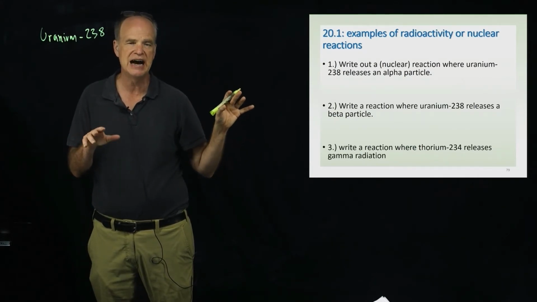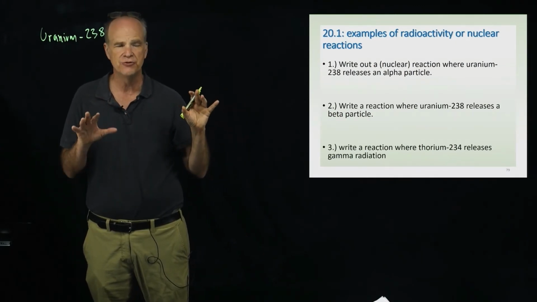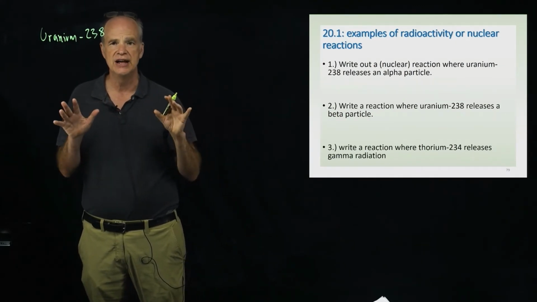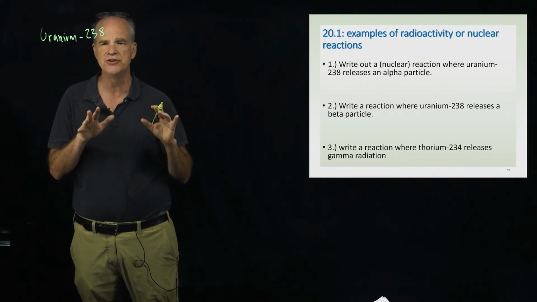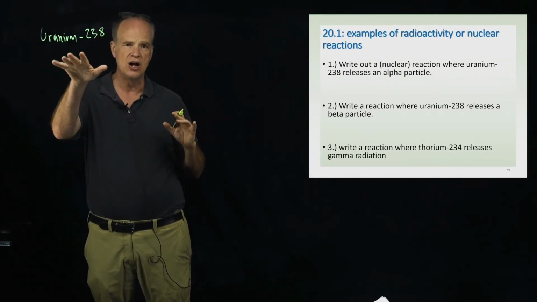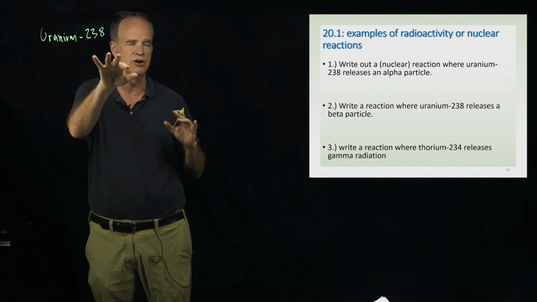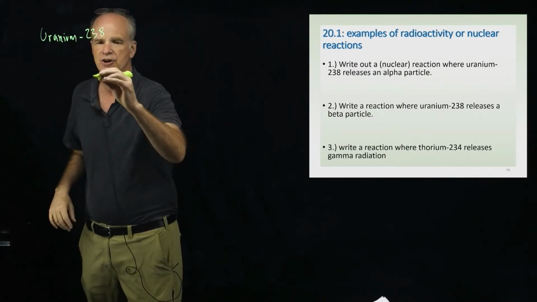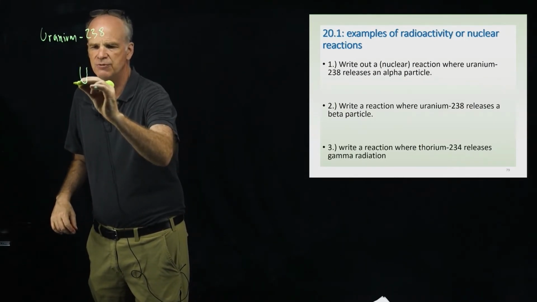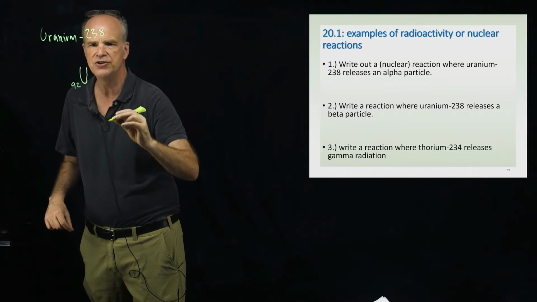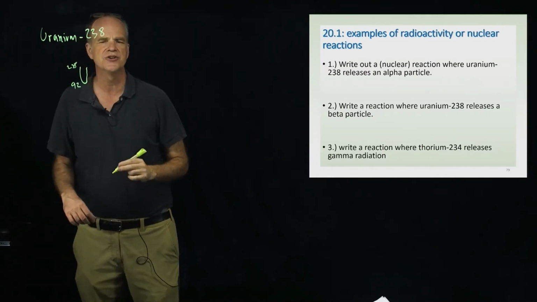So we have to figure out what the uranium-238 becomes. Before we figure that out, let us write out uranium-238 in symbol notation. We should be able to do that because we know what the element is, and we can look up the atomic number for uranium on the periodic table, and we know what its mass number is. So its symbol notation is U. The atomic number for uranium, which you can look up in the periodic table, is 92. The mass number is 238.